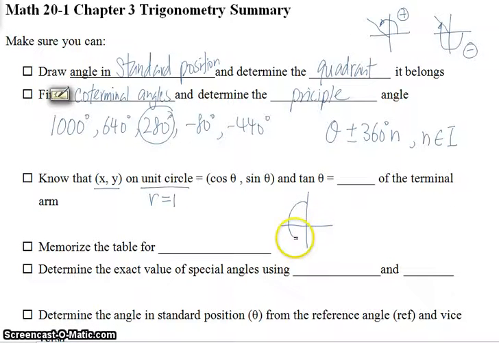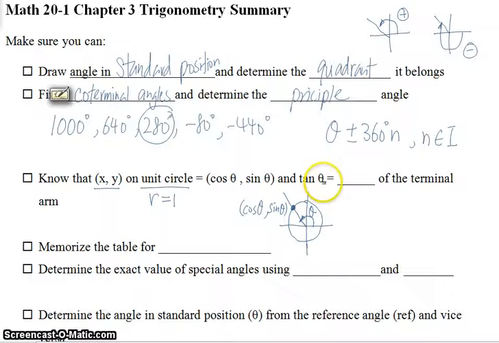Let's say I have a unit circle, and then I have an angle here, an angle in standard position. Given this angle, what is this coordinate? According to this knowledge, this point has coordinates cosine theta, sine theta. Theta refers to this angle here.